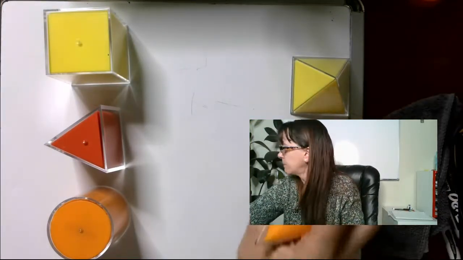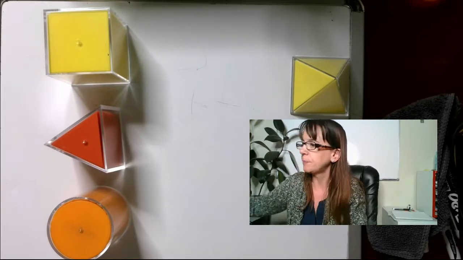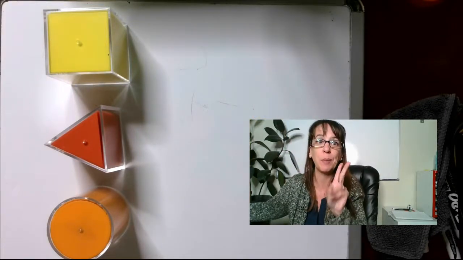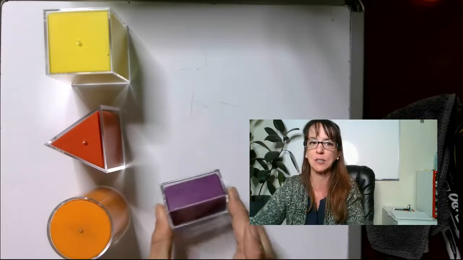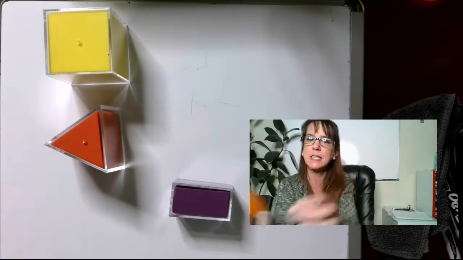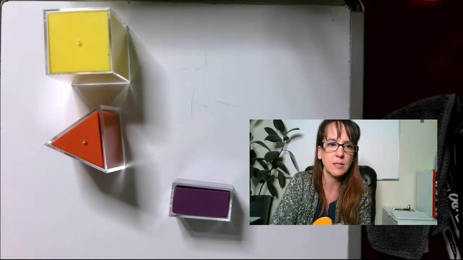Now, prisms. Here's the deal with prisms. You have two shapes that are connected by a rectangle. Not just one rectangle, but multiple rectangles. For example, I've got this guy right here. Do you see how it's a circle on one end, a circle on the other end, and it's connected by what will ultimately be a rectangle?